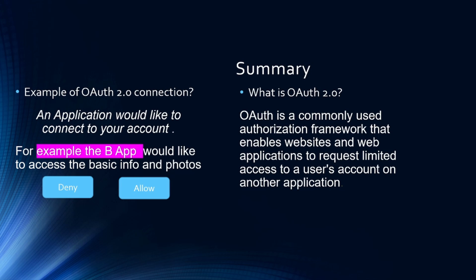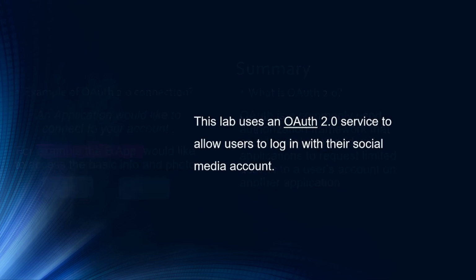Say, for example, the B app would like to access the basic info and photo from your phone, and you click Allow. As soon as you click Allow, you can notice that this app is able to install without any password. That's the purpose of OAuth 2.0. So now, is there any vulnerability within this platform? We're gonna see in our first lab.